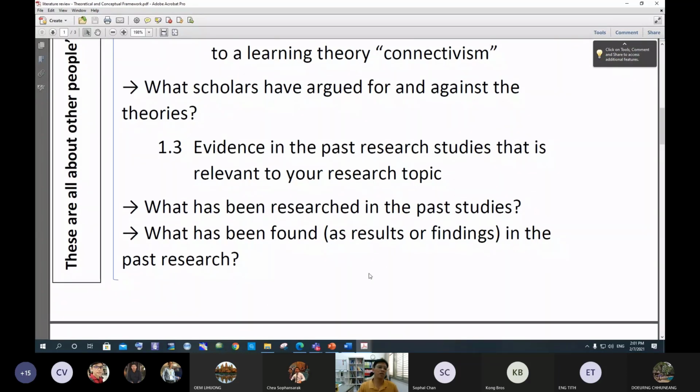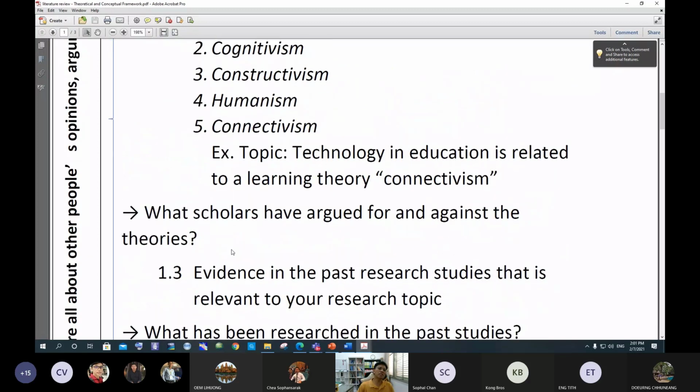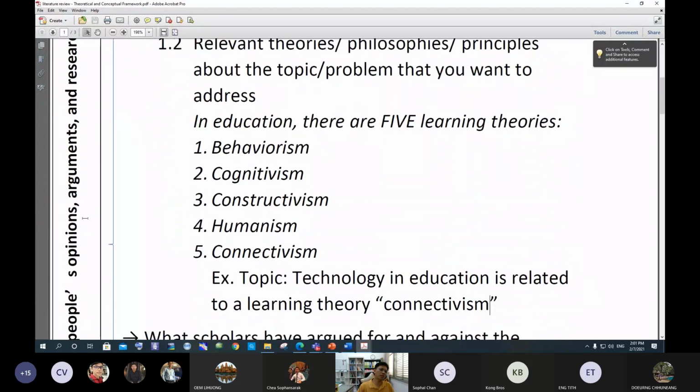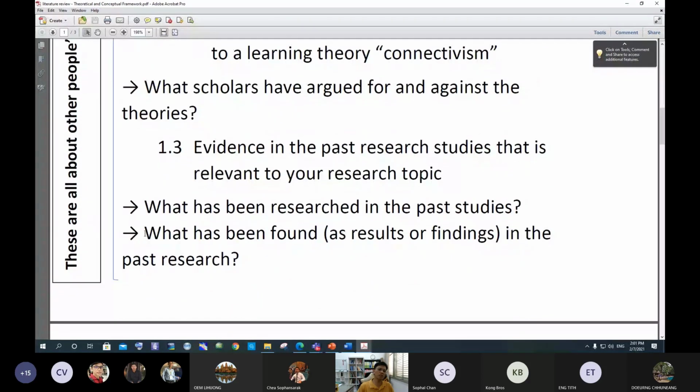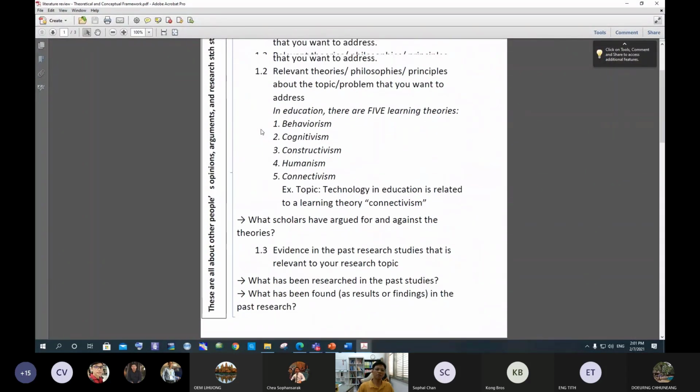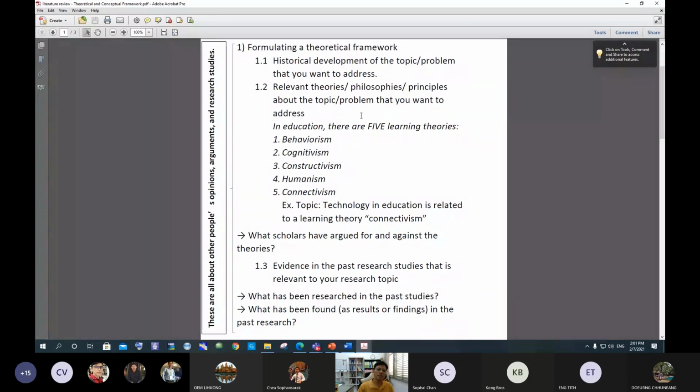But remember that this theoretical framework is based on the research arguments of other people. So I wrote here that these elements are all about other people's opinions, arguments, and research studies, not yours.